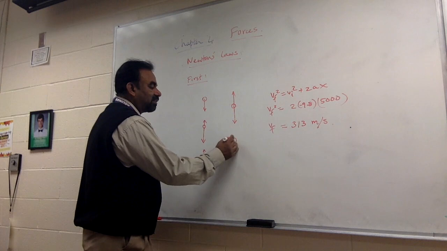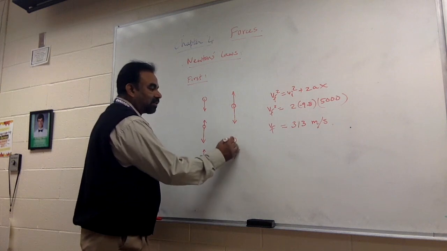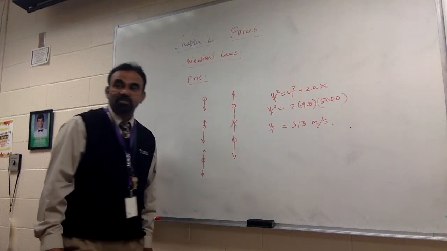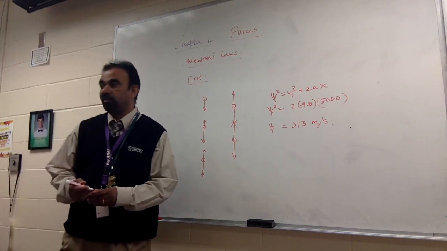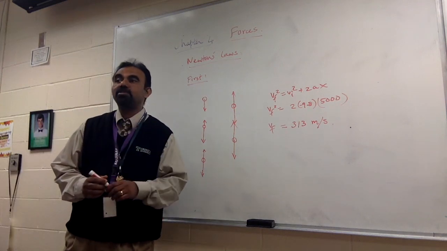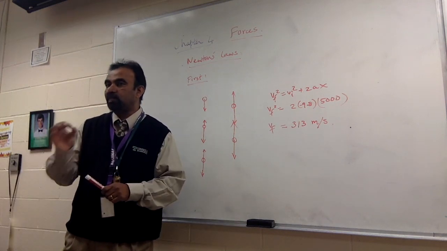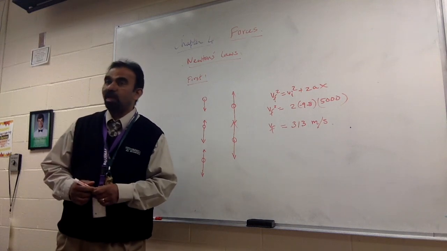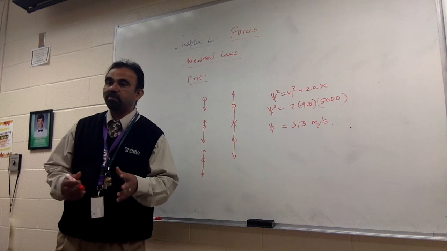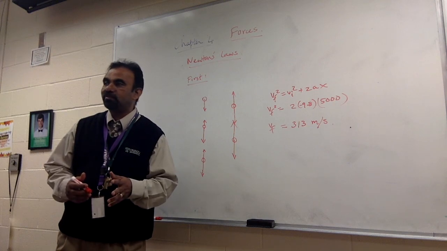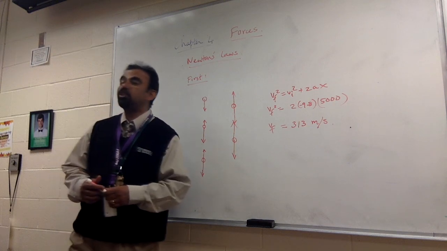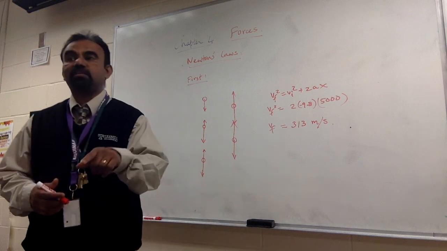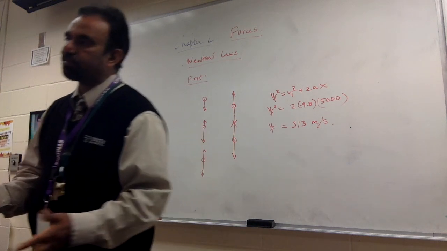But after reaching a certain velocity, the weight and the frictional force will just equal out. And when they equal out, what's the net force? 0. That means what's the acceleration? 0. Which means what will happen to the raindrop? Will it stop? No. It will continue with the same velocity because there's nothing to change its velocity now.